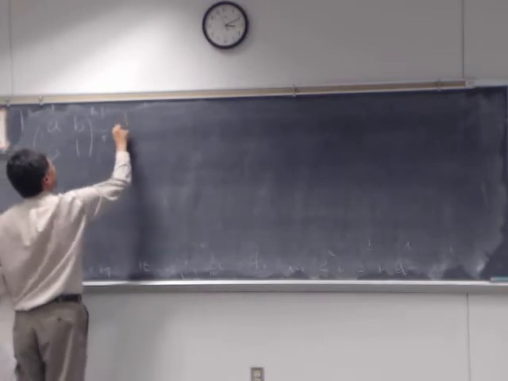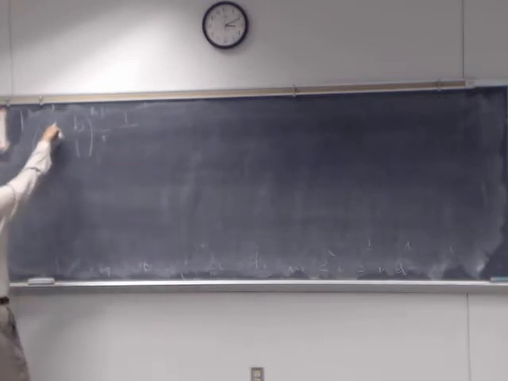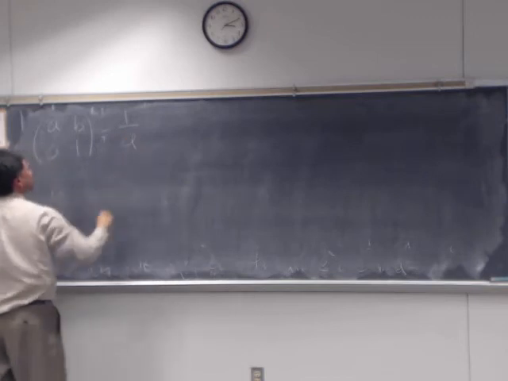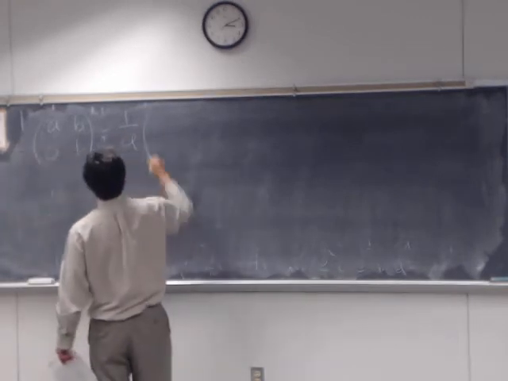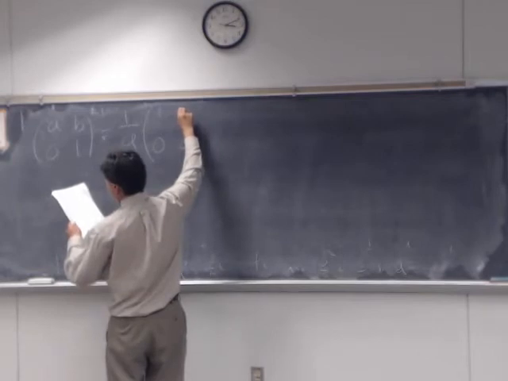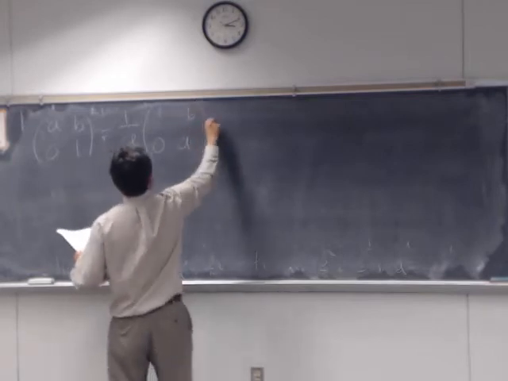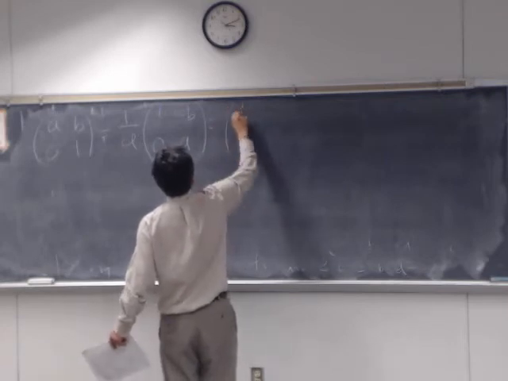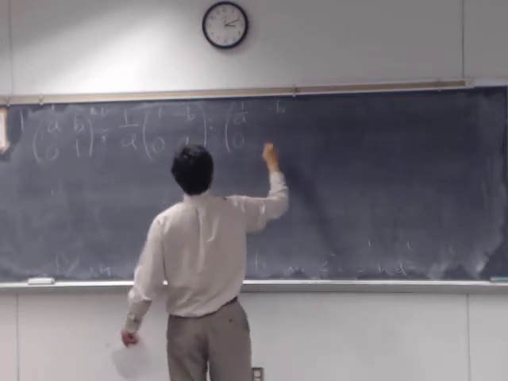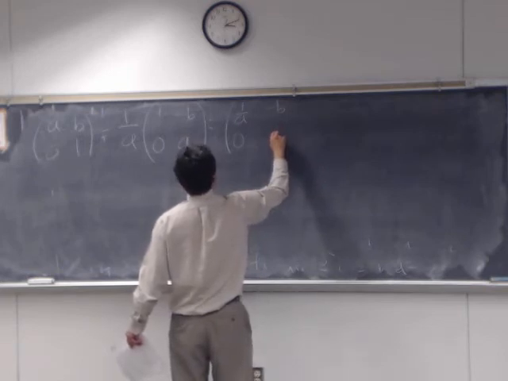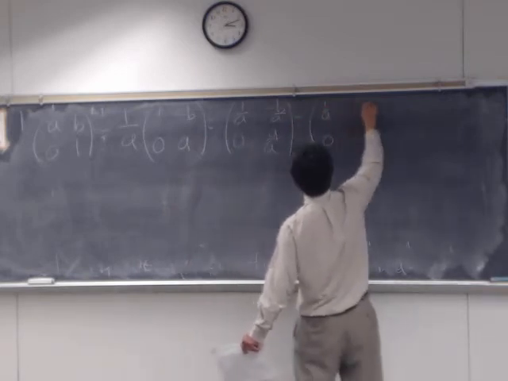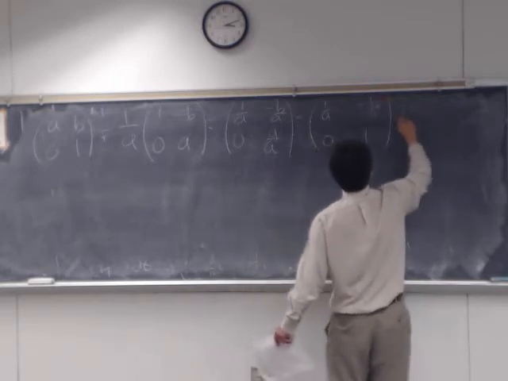It's 1 over the determinant of this, so 1 over A times 1 minus 0 times B, which is just A. Then that's multiplied by the matrix with the entries switched, so we would have a 1, an A, a 0, and a minus B. Which is 1 over A times 1, minus B, 0, A. Over A, that would be minus B over A, and this is in D.